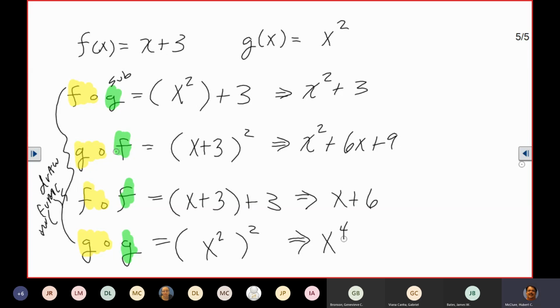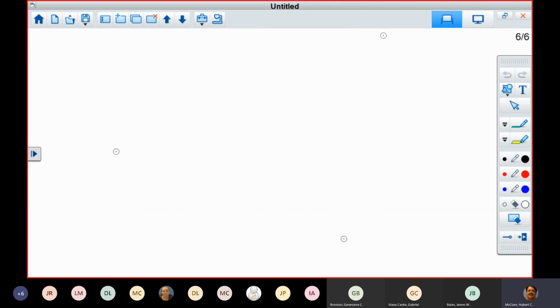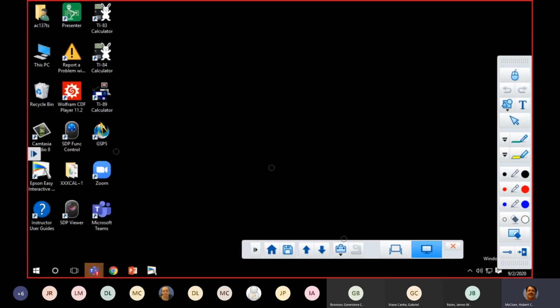Now, let's look at some questions, because now you're going to be able to do the problems and not have any big deal. There's one more problem we're going to go over, but not right now, because I don't want to get the cart before the horse. I want to make sure everybody understands the compositions before we move forward.